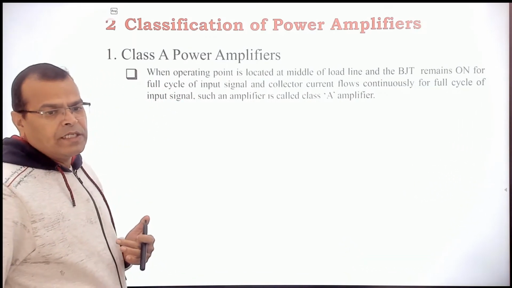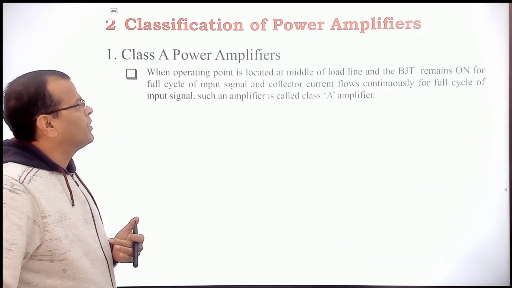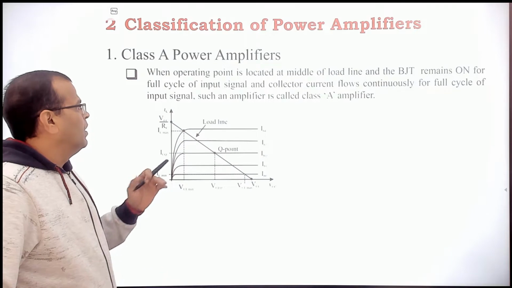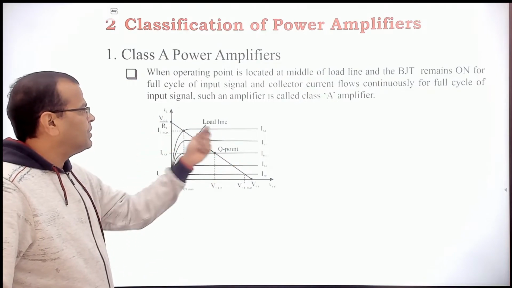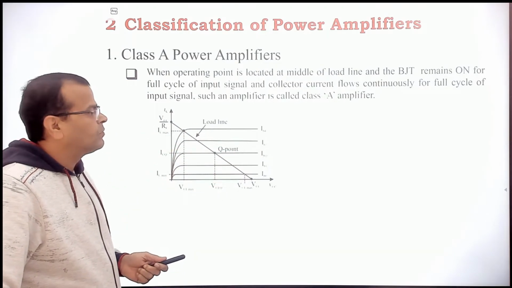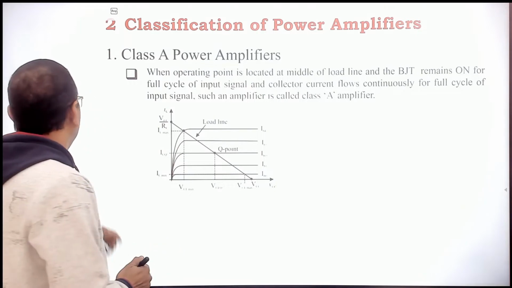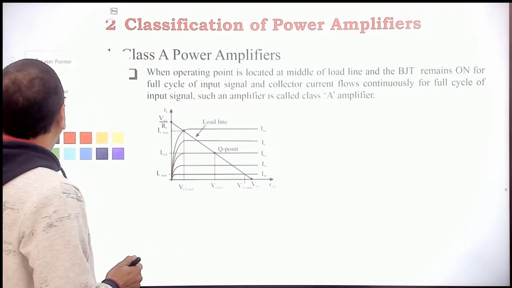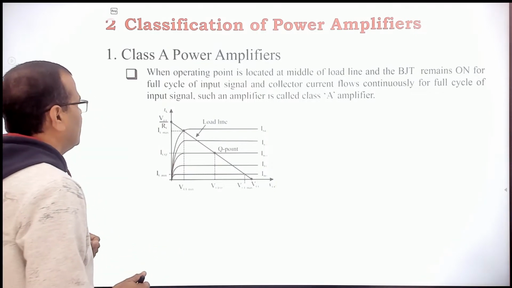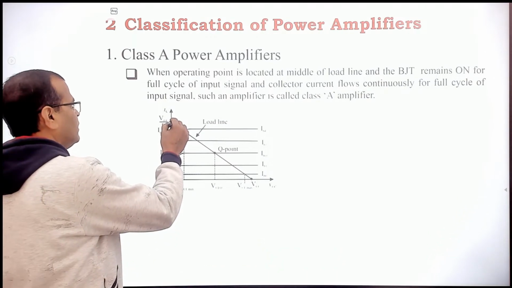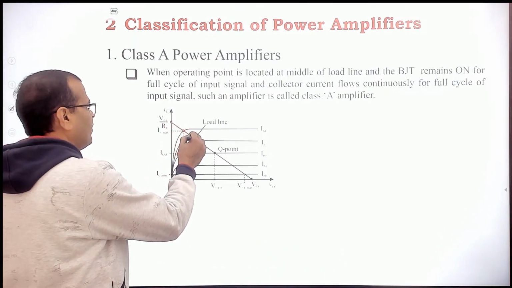So let us see the meaning of this. These are the characteristics of an amplifier. Remember, I have discussed that in the previous topic as well, that is in the introduction to power amplifiers.